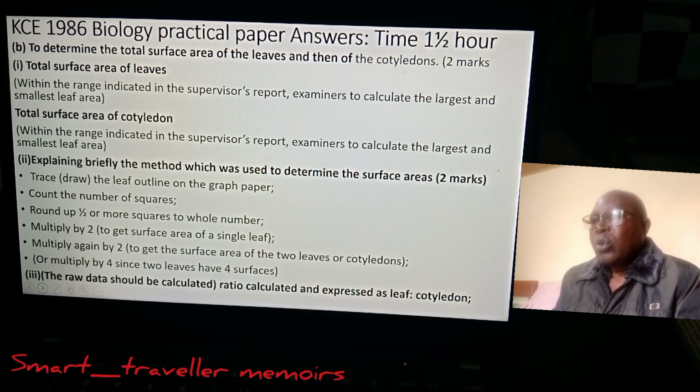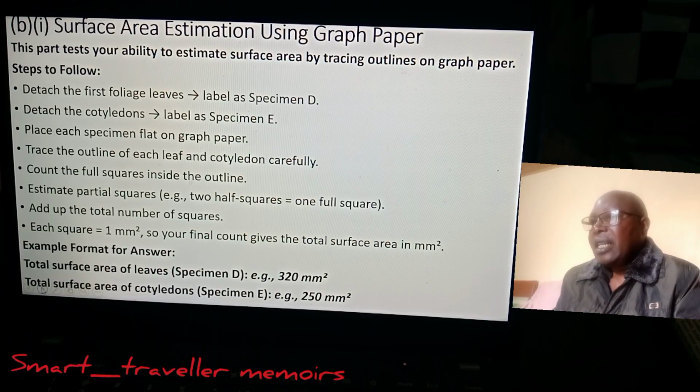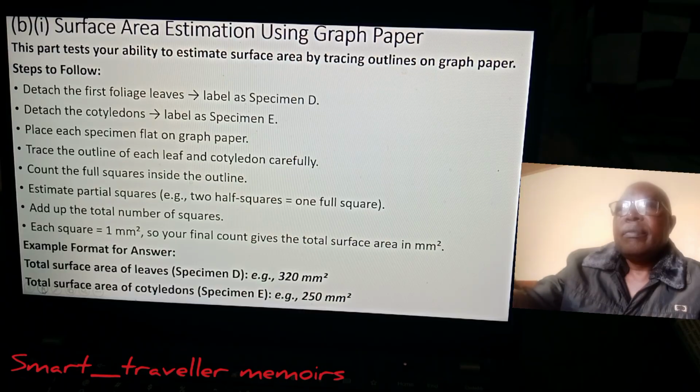Multiply again by 2 to get the surface area of the 2 leaves or cotyledons. Or multiply by 4 since 2 leaves have 4 surfaces. Roman 3. The raw data should be calculated, ratio calculated, and expressed as leaf is to cotyledon.